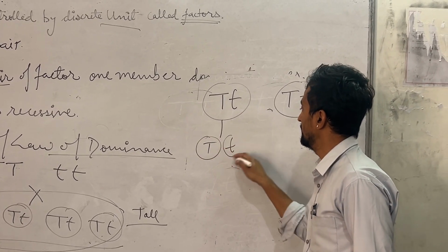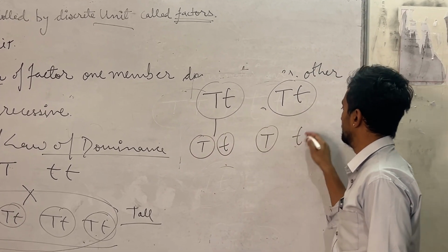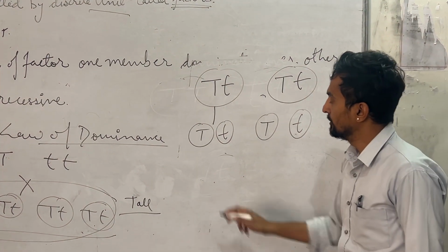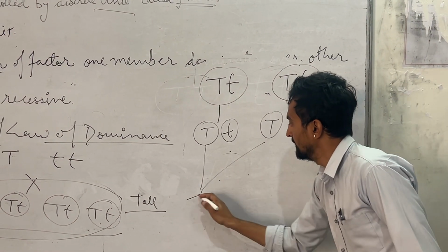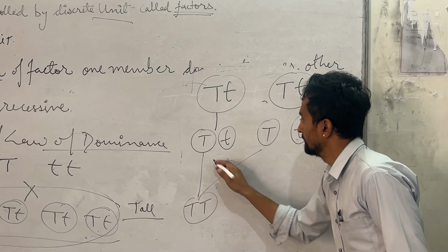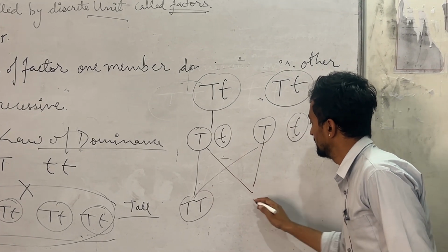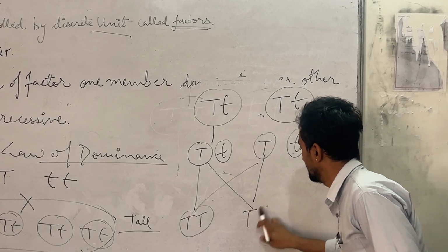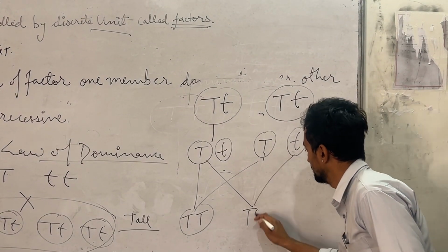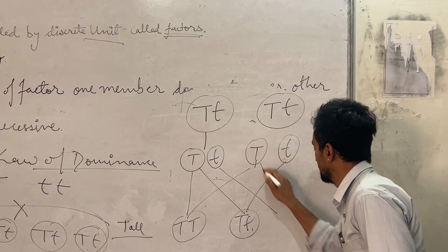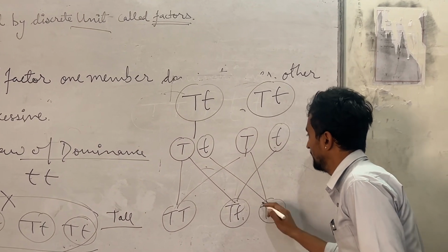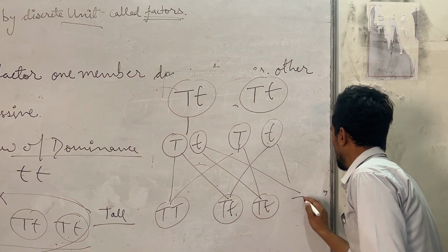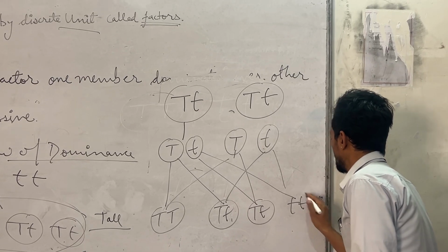Capital T, small t, capital T, small t. Now we cross them, which gives capital T capital T, capital T small t, capital T small t, and small t small t.